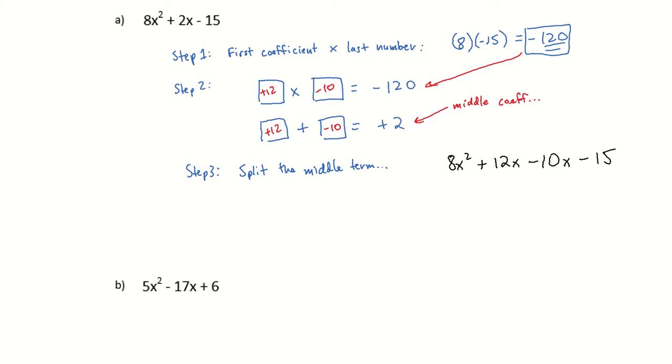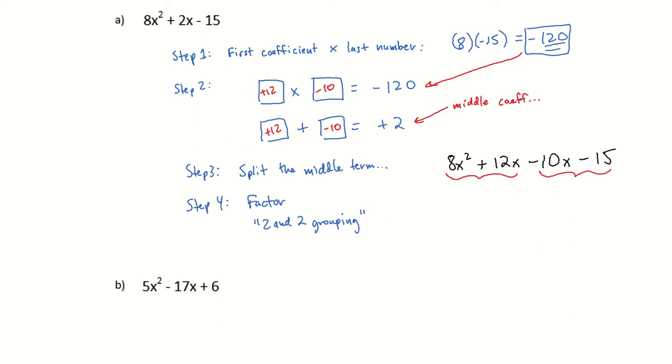And then step 4 is to factor by something called 2 and 2 grouping. 2 and 2 grouping is where we group the first two terms and group the second two terms, and we take out a common factor of each. If things are going to work out nicely, then what's left after we take out each common factor is going to be the same.